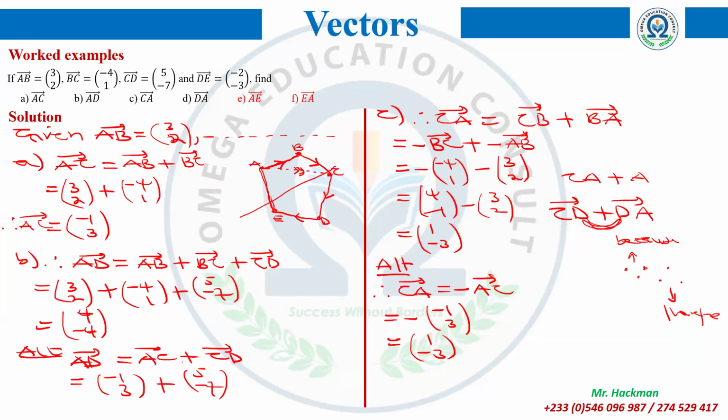Mr. Hoffman, please, you said the alternative way is the ideal way. But what if the AC is wrong? That's why I said it is the ideal way. Remember I said, in that case, you have to make sure that this is correct.